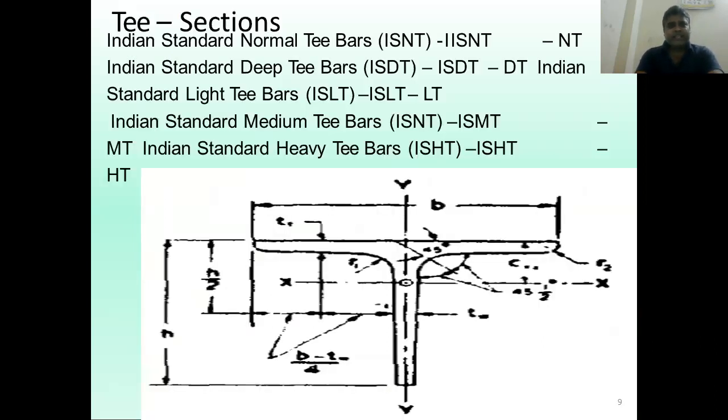Now, T sections: Indian Standard Normal T beams, that is ISNT; Indian Standard Deep T bars, that is ISDT; Indian Standard Light T bars, that is ISLT; Indian Standard Medium T bars, that is ISMT; and Indian Standard Heavy T bars, that is ISHT.